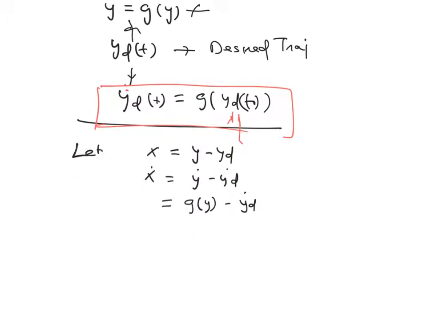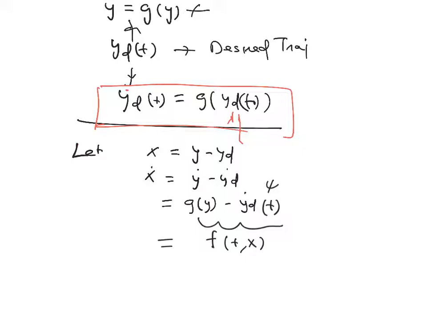So if you have to put this into the form f of t, x, the time comes because of this. See, where did we start? Our actual system was y dot equals g of y, which was not a function of time.